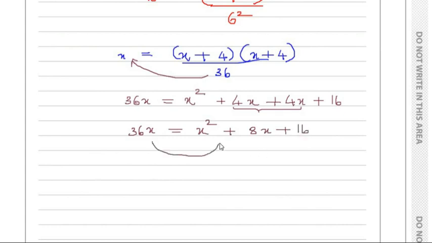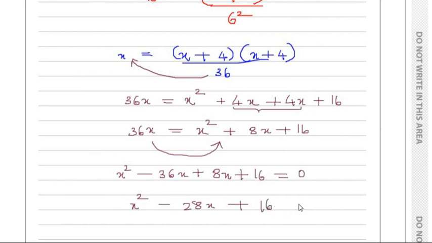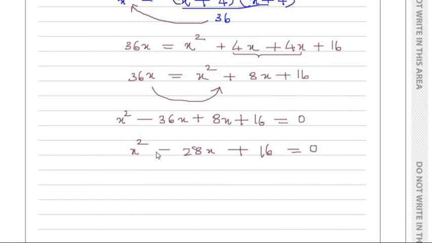Now let us take the 36x on this side so that all the terms are on one side of the equation. So we get x square minus 36x plus 8x plus 16 is equal to 0. So this ends up as x square minus 28x plus 16 is equal to 0. So you can see that we have got the expression in the form of quadratic.